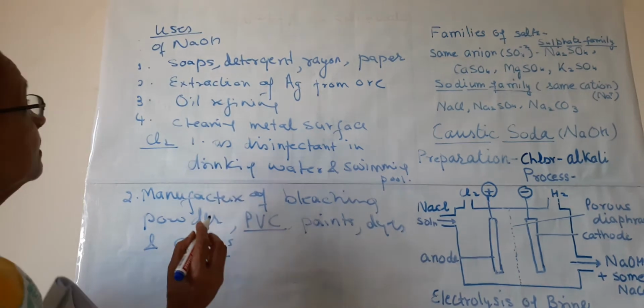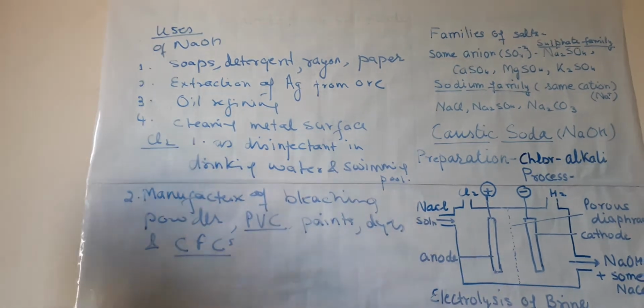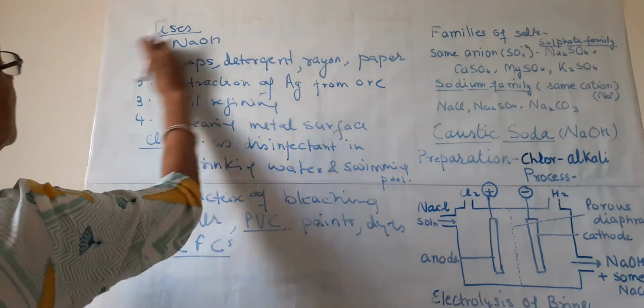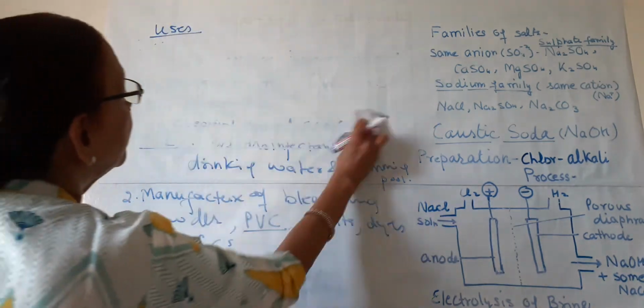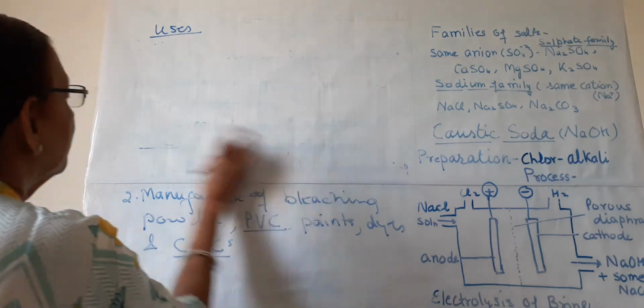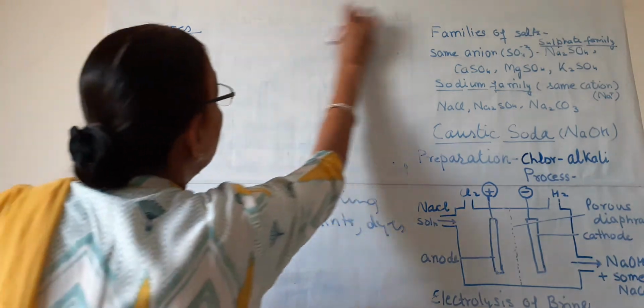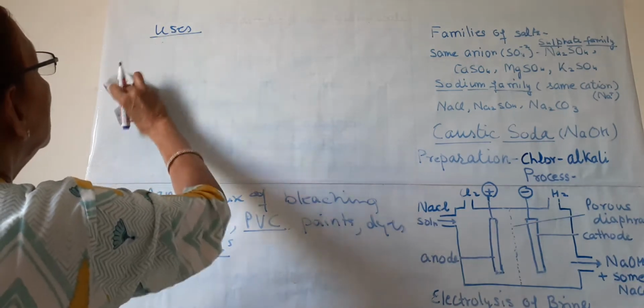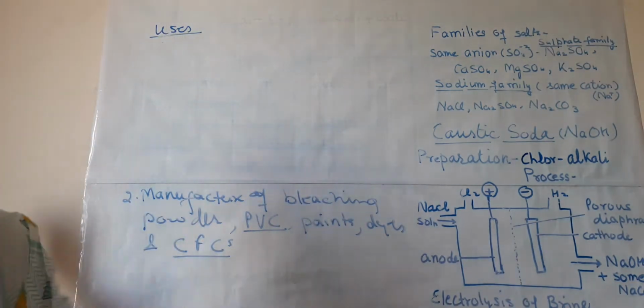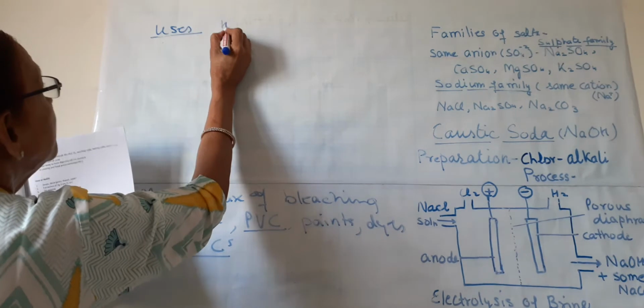Now the next is the uses of hydrogen. Next we will write the uses of hydrogen. Very important, all of you know, hydrogen is used as a fuel in airplanes, etc. So uses of hydrogen.